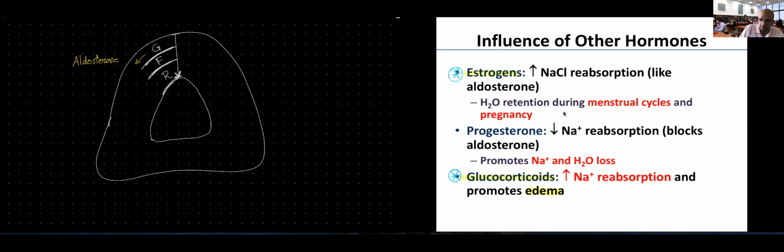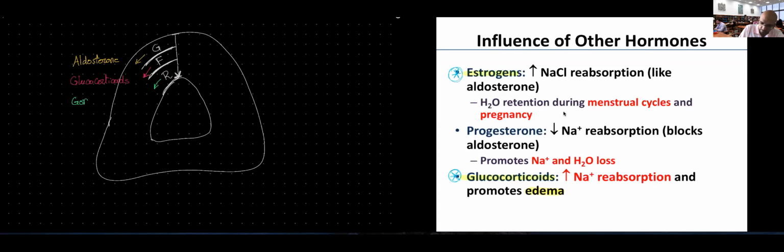which is the most famous mineralocorticoid. The zona fasciculata is going to be releasing glucocorticoids, like cortisone, cortisol, corticosterone, and the zona reticularis was releasing gonadocorticoids.